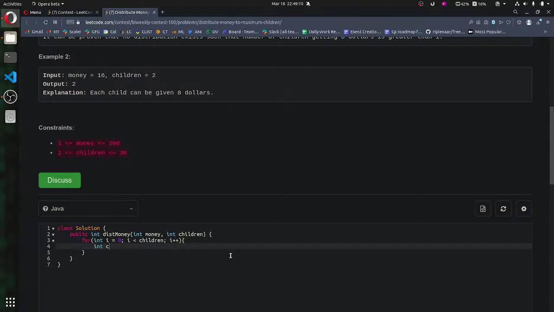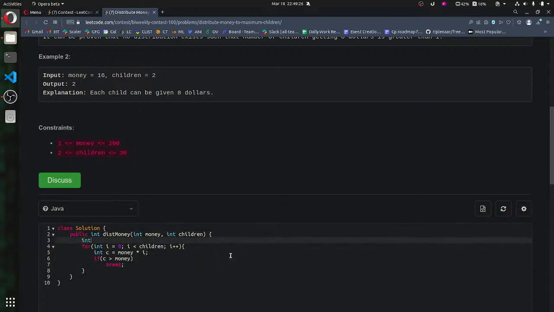Say money minus C, say money minus I. If C is greater than money, we have, yeah, break only, no other things left. Say answer is equal to 0.